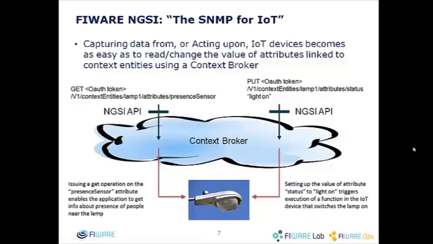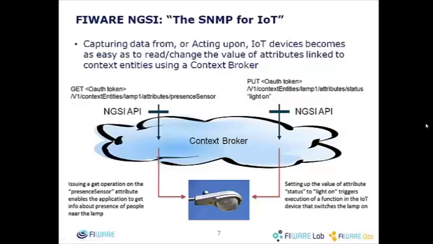So for example, issuing a get operation on the presence sensor attribute of a lamp enables the application to get the information about the presence of people near this lamp, whereas the lamp sets the value of the attribute status to light on, and this triggers the execution of a function in the IoT device that switches the lamp on. And the context broker is in the middle of these operations.